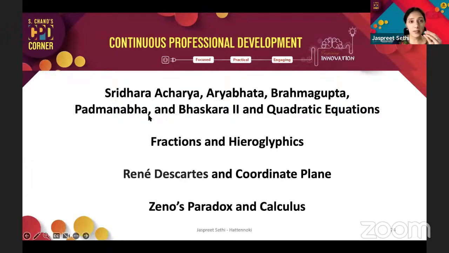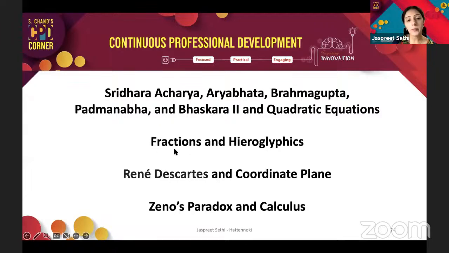So there are these small layers that were added, but essentially the quadratic equation, again, there is one element which we read off in school in our textbook, but in Sridhar Acharya's text, we actually see the proof slightly differently. So I'll talk about that.